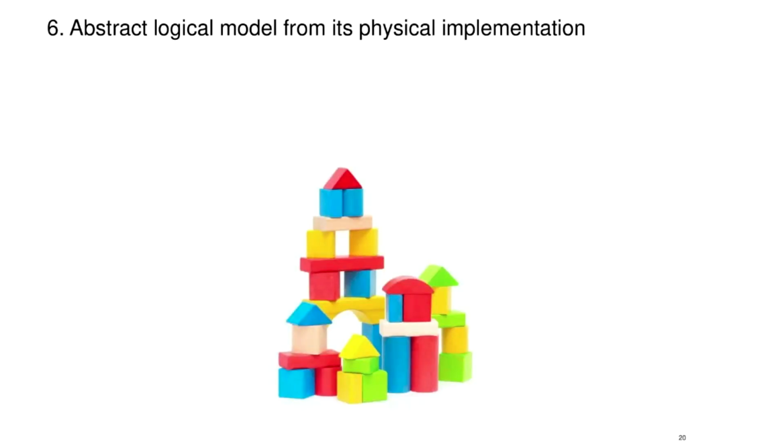The next item is the abstraction of logical models from the physical implementation. That is data independence. Very, very important. That's how you keep your sanity. This is exactly why you can have people without a computer science background use these systems without needing to learn C++ or Java. Right? You just sit in front of a Jupyter notebook, type your queries, SQL, JSONiq, and you just let the computer worry about all the rest, right?